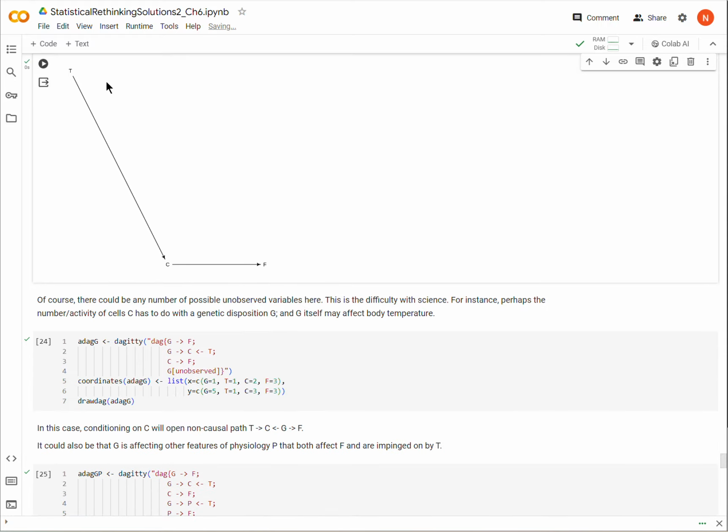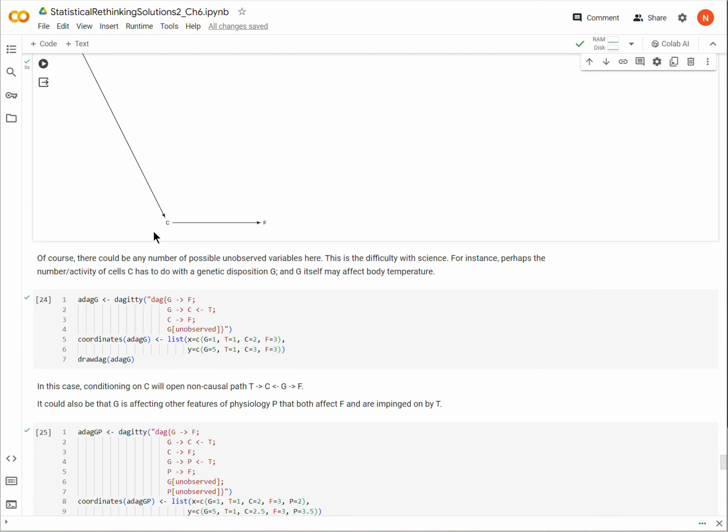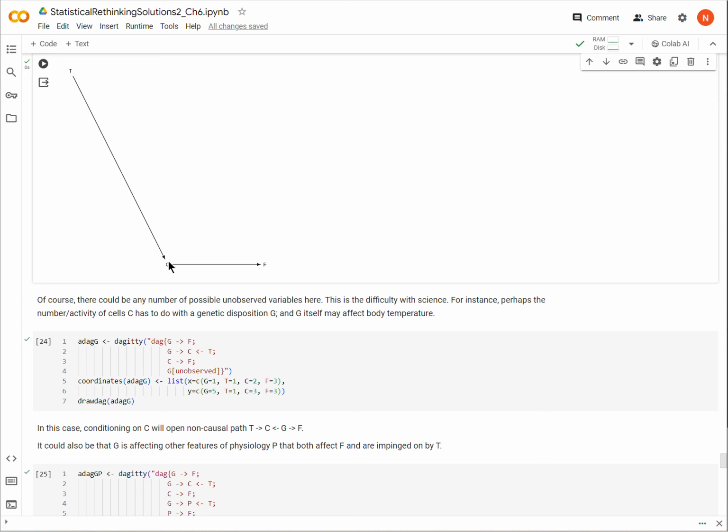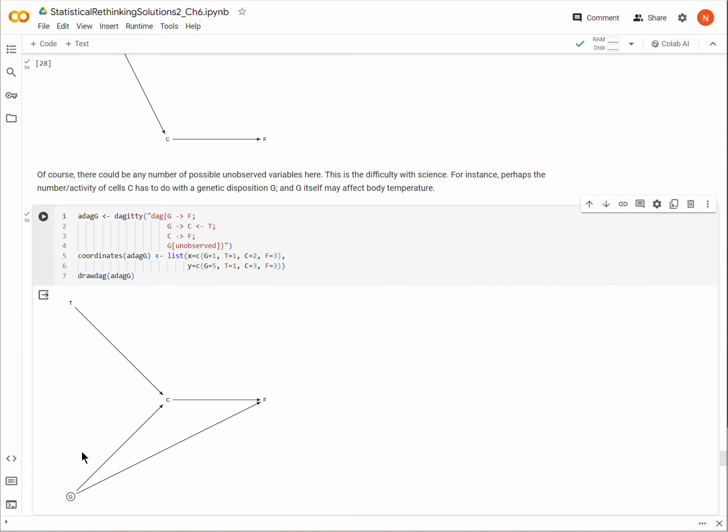So a colleague might come along and say, well, what if there is just a genetic disposition for the number of cells that an animal has, and that genetic disposition also affects body temperature? It might look something like this.